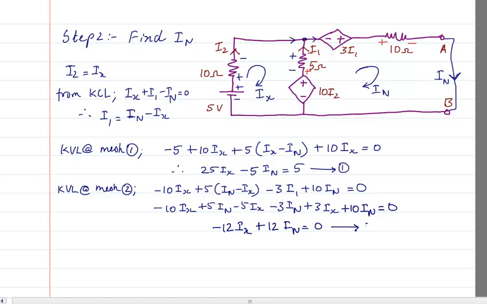So that is going to be my second equation.